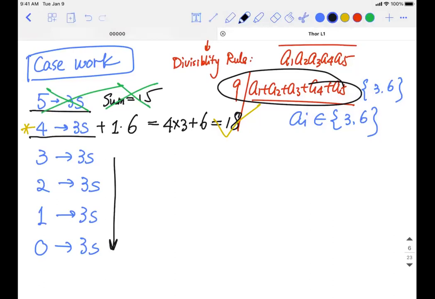Because step number 1, you need to figure out what the candidates are, right? Which numbers are good for you to do this analysis? Please, everyone. I see Camila already has the correct answer. But what about the other students? Please, everyone, get involved.